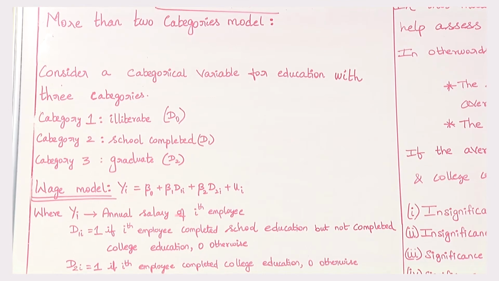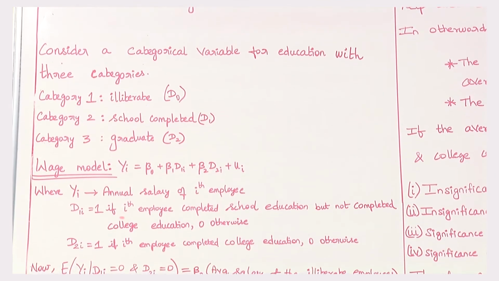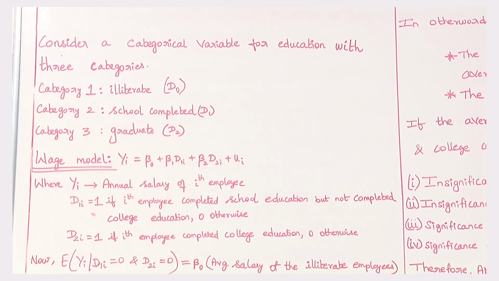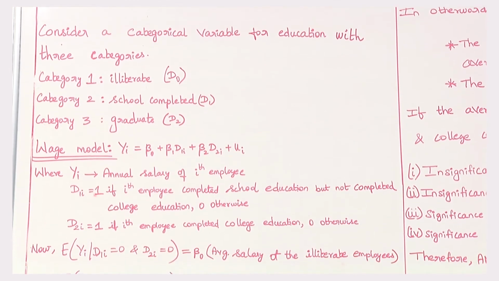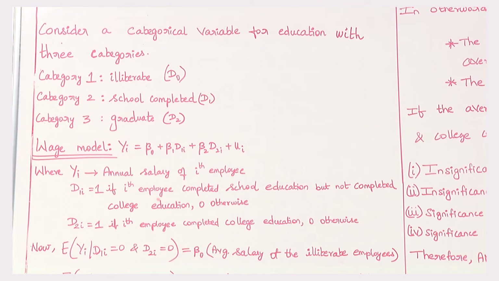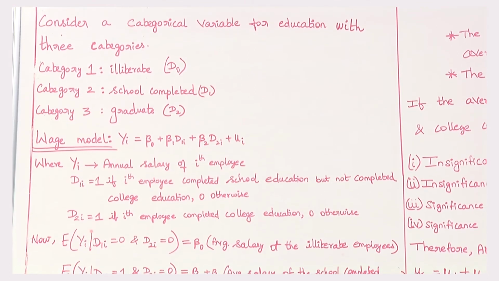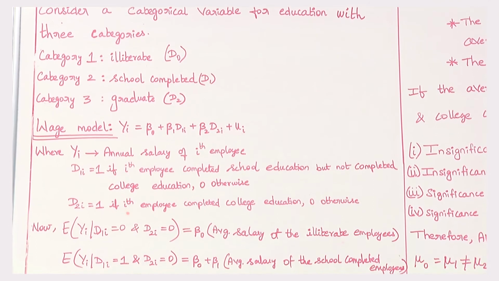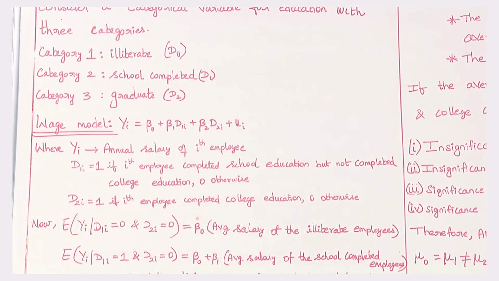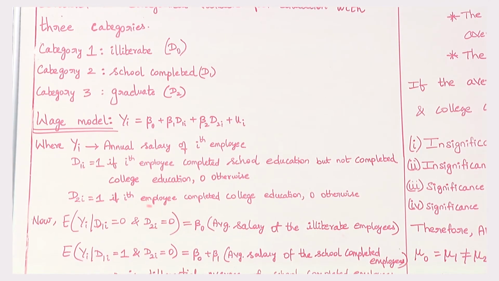In this model, YI is the annual salary of the ith employee, D1I is equal to 1 if the ith employee completed school education but not college education, 0 otherwise. D2I is equal to 1 if the ith employee completed college education and 0 otherwise.